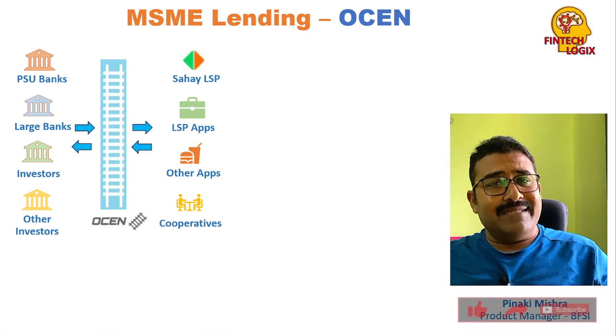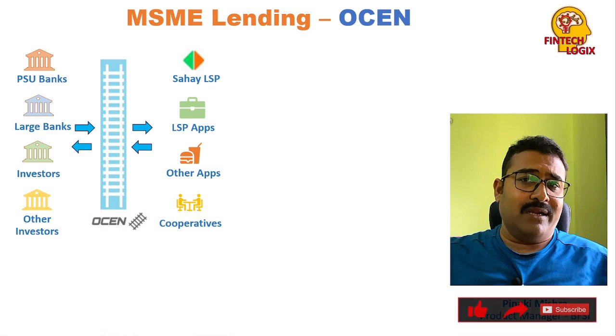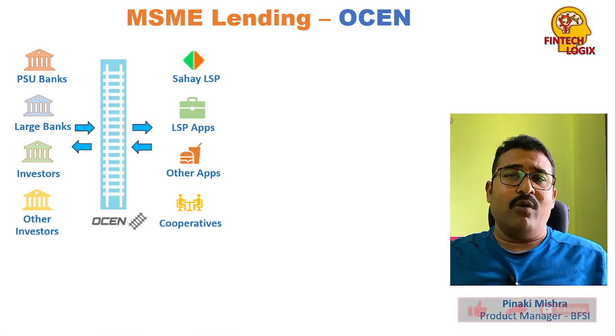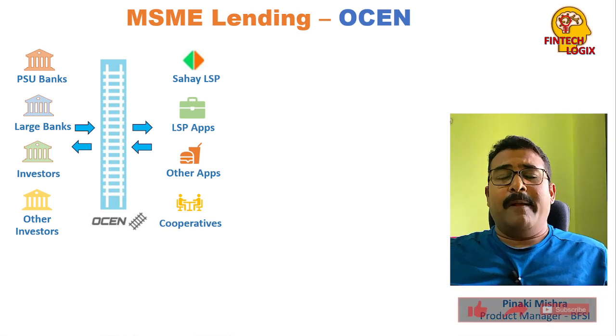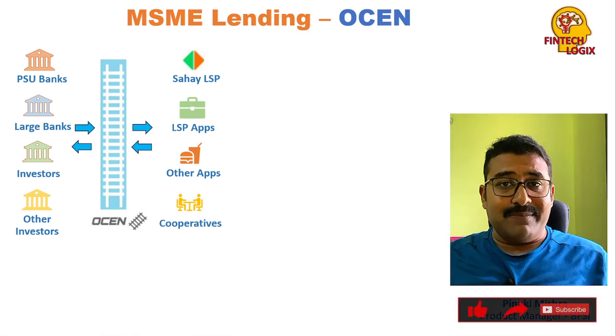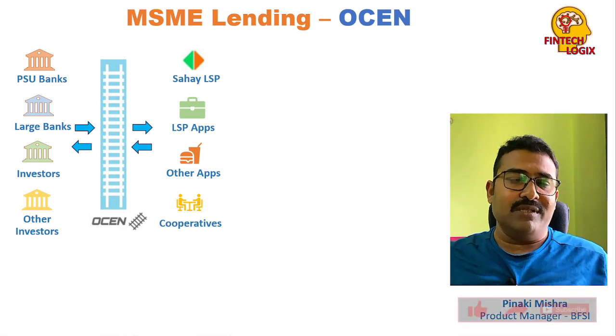The right hand side is the body that has a lot of customer connect, so it may be Sahay LSP, Sahay Loan Service Provider, which is a government initiative. I have covered LSPs in detail. If you have not seen that, please refer to my older videos.